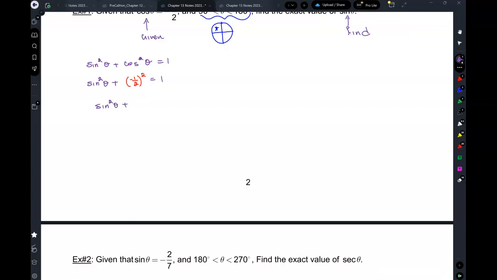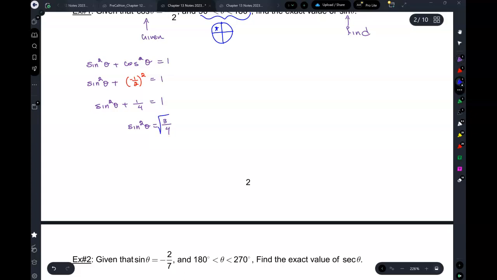Plus 1 over 4 is equal to 1. What do I do now? Subtract 1 over 4. Sine squared theta is equal to 3 over 4. Okay, now how do I get sine if I have sine squared? What do I do? Take a square root. But now, when you take a square root of both sides, you get plus or minus root 3 over 4, which is the square root of 3 over 2, correct?